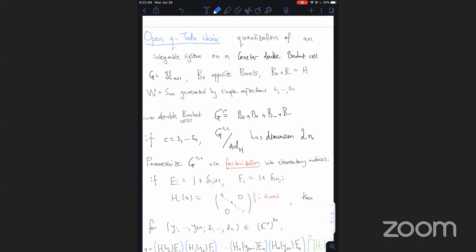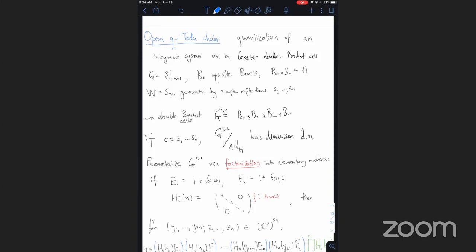For concreteness, let's pick our Coxeter element to be the product of simple reflections in the order along the Dynkin diagram, s1, s2, all the way up to sn. In this case, the corresponding double Bruhat cell has dimension 3n.